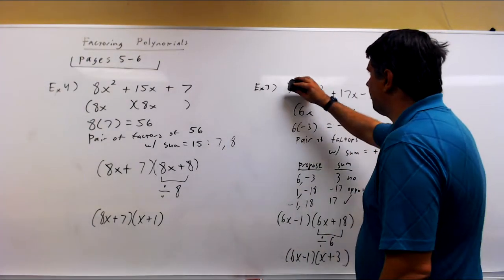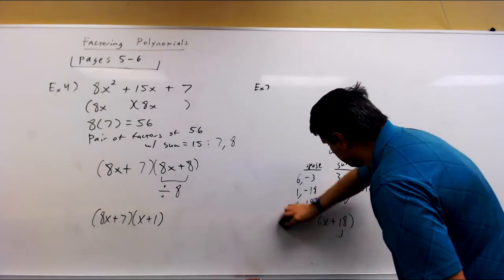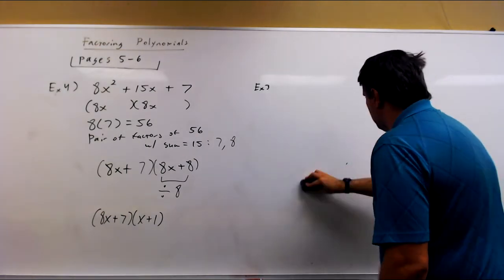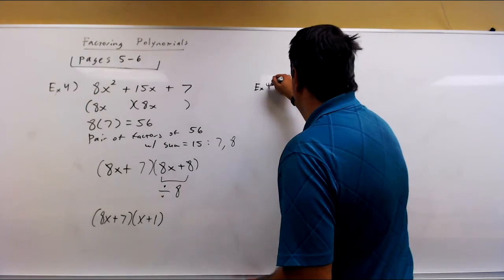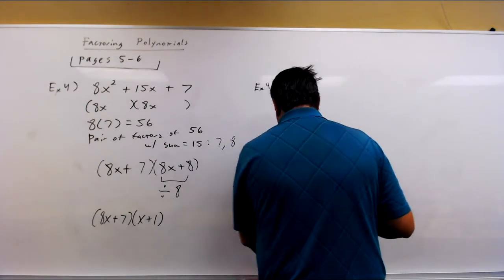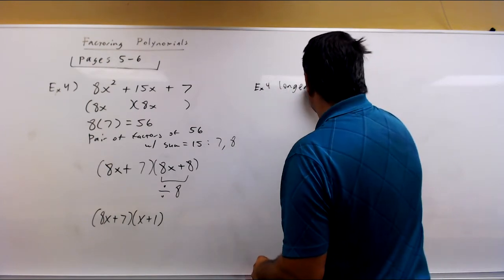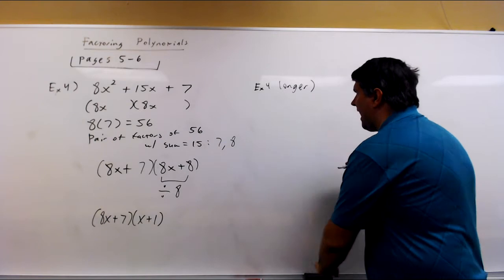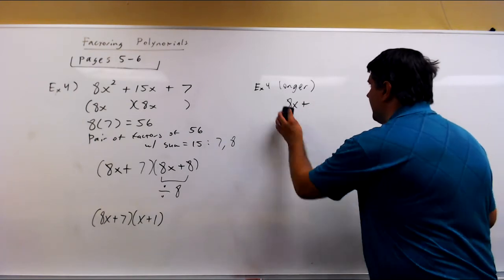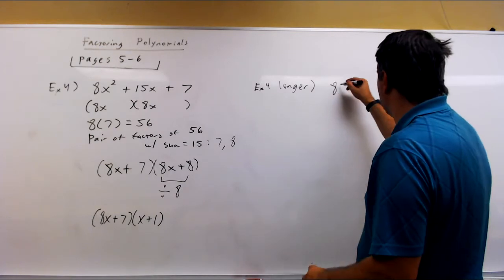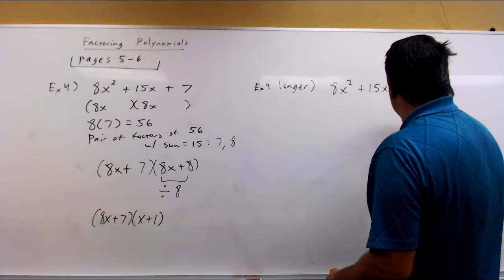Or we could do example 4 longer. So example 4, longer. I would have 8x squared plus 15x plus 7. All right.